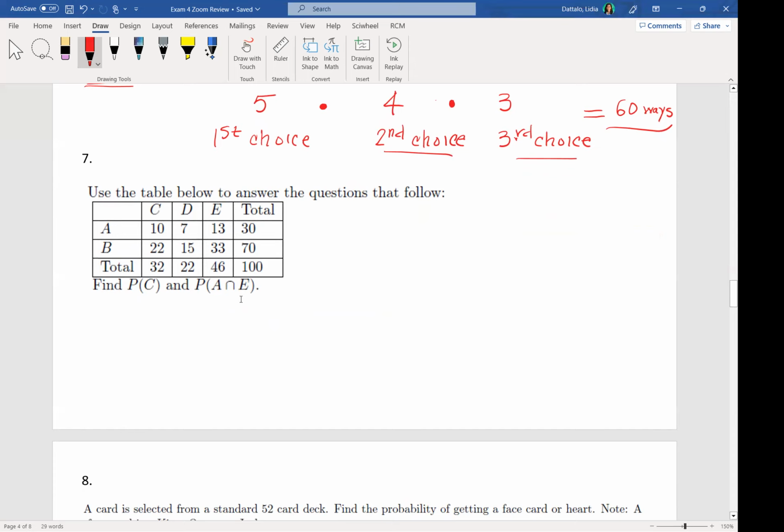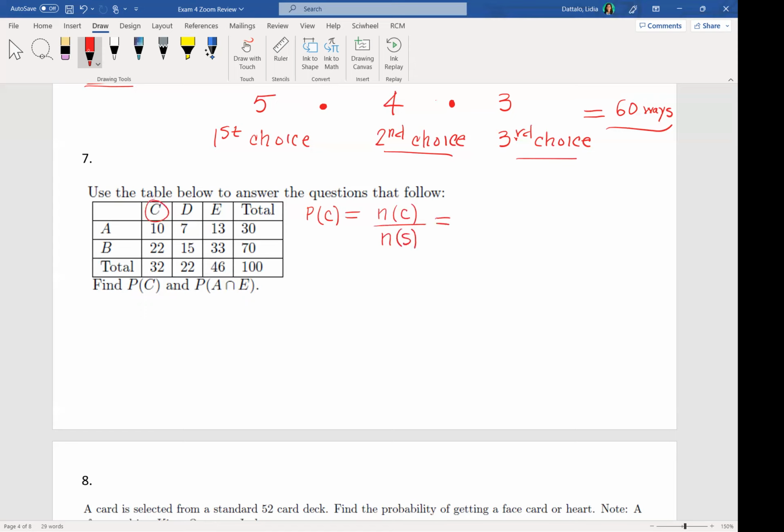Find the probability of C. The probability of C is just going to be the number of ways that C can happen divided by the total space.